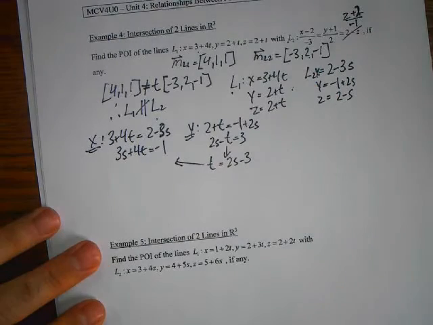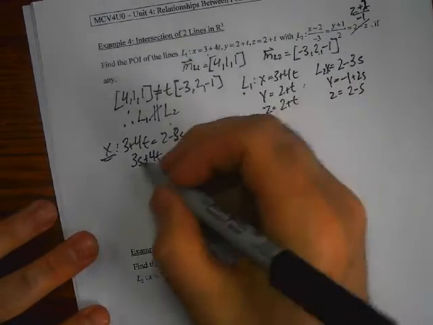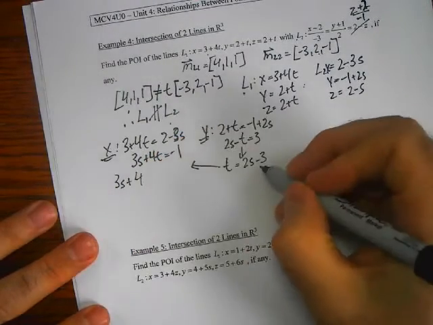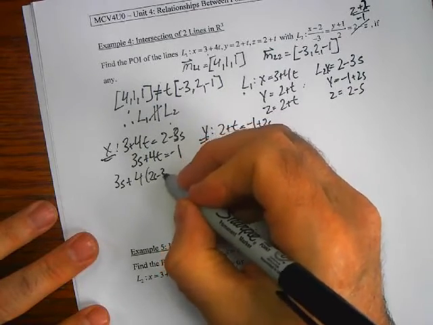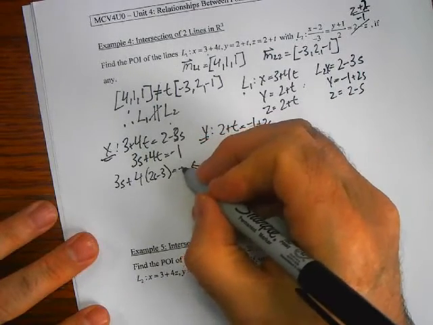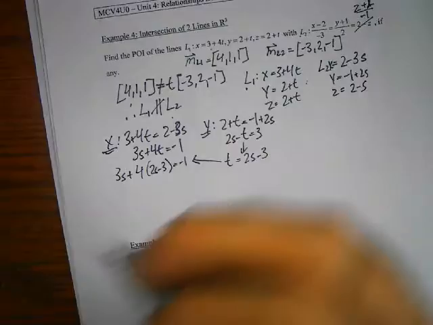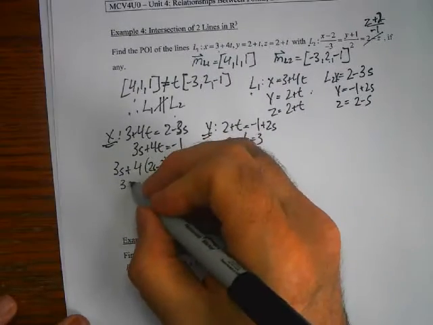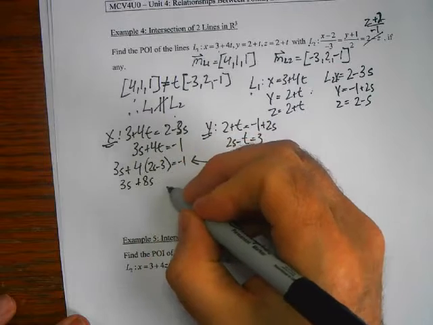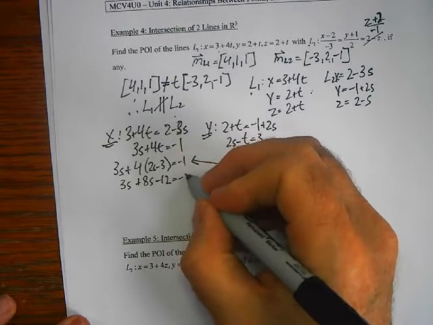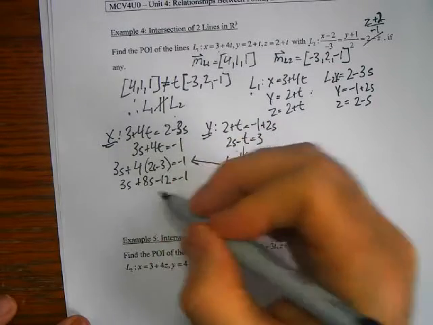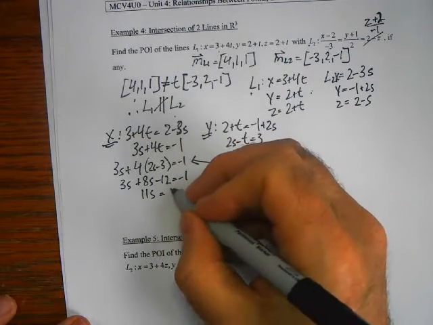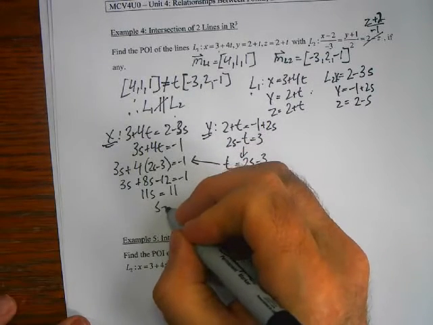I've got 3s plus 4 times t, which is 2s minus 3, equals negative 1. So I get 3s plus 8s minus 12 equals negative 1. 11s is equal to 11, so s is equal to 1. Thankfully, it's not a nasty looking fraction.